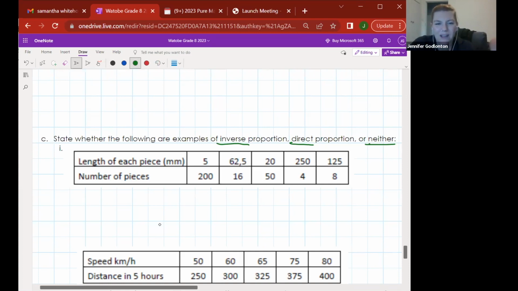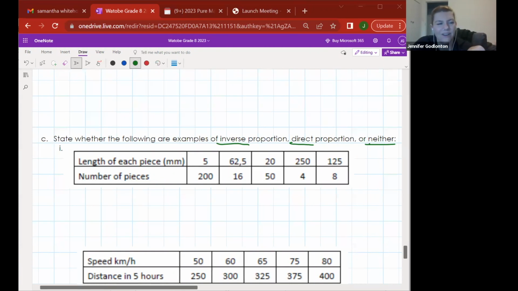So our first one is we have the length of a piece, and then we have the number of pieces. How could we go about figuring out if this is inverse or if this is direct? Because if it's not either of them, then it's neither. Oh, I thought I had Litesh, but the hand is gone. Ah, Cash, yes.